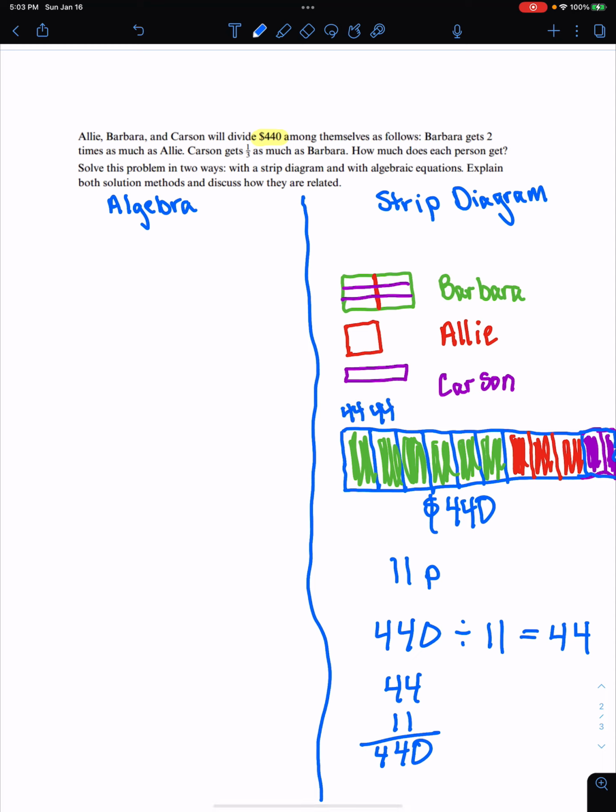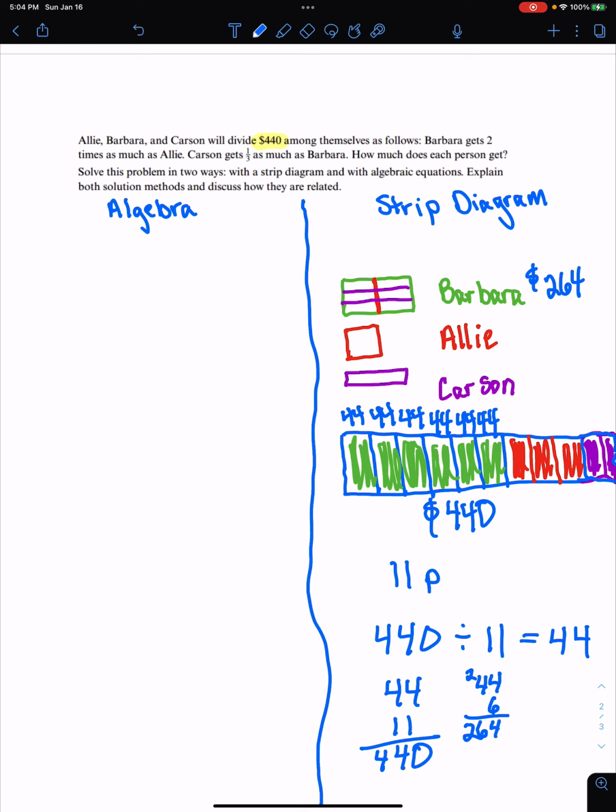Now we have to see how much each person gets. So Barbara's got 6 pieces, each worth $44. 44 times 6 is 24, and 24 plus 2, 26, 264. So Barbara gets $264. Allie now gets 3 pieces, or half as much as Barbara.